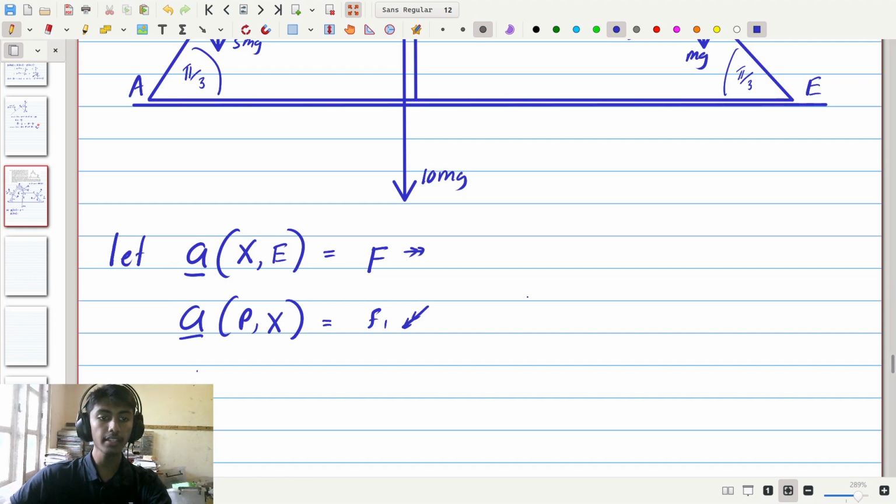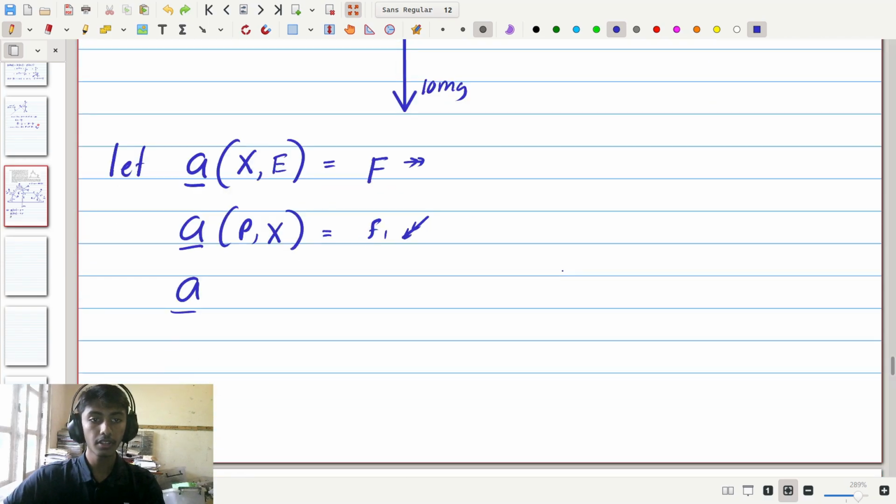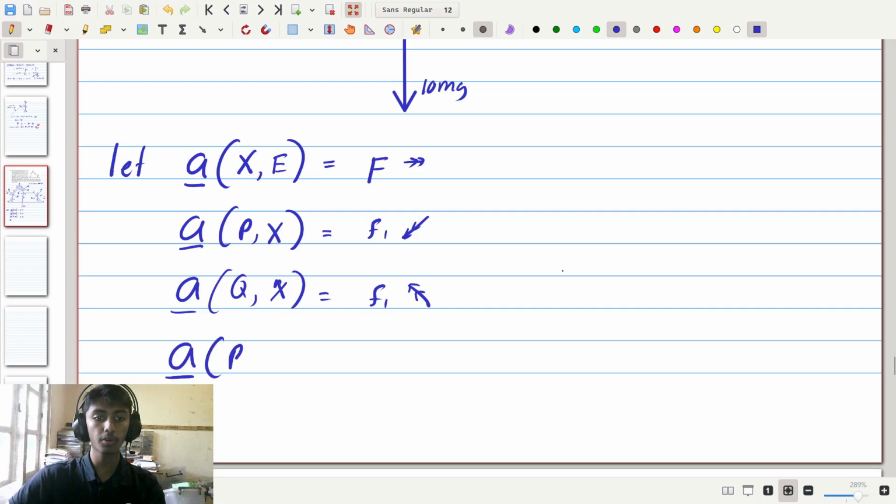And then the next particle involved is Q in the upward direction. So Q relative to the block, so Q relative to X, is equal to F1 in the upward direction like this. And then the acceleration of the last particle, which is R, with respect to the block X, is equal to F2 in the downward direction.